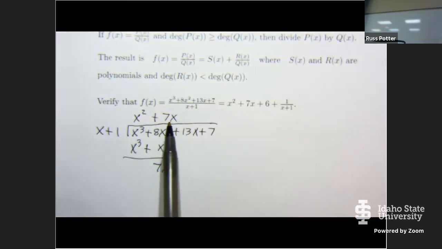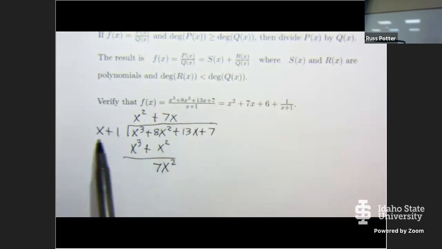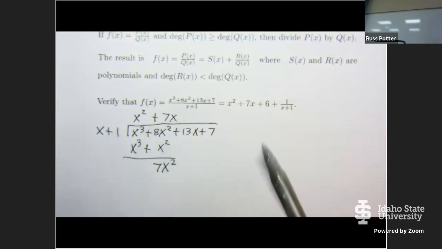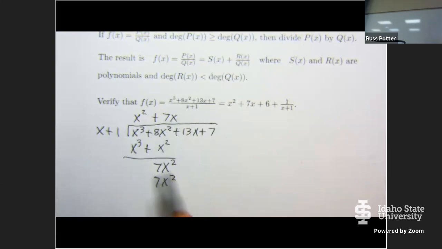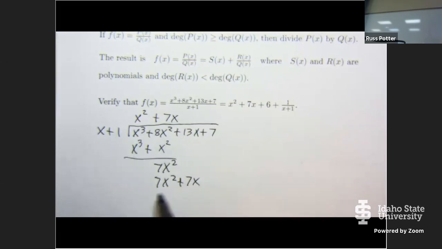Then multiply 7x times the divisor. 7x times x is 7x to the second. And then plus 7x times 1. Then we subtract again. 7x squared minus 7x squared is 0. 13x minus 7x is 6x.